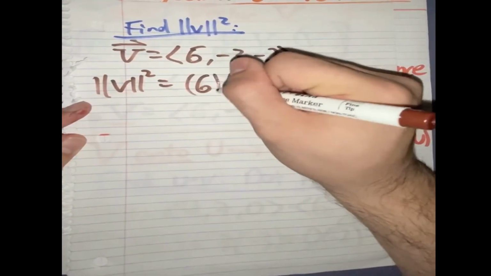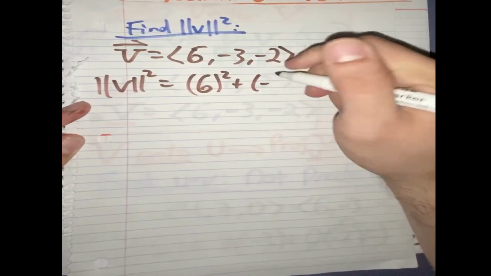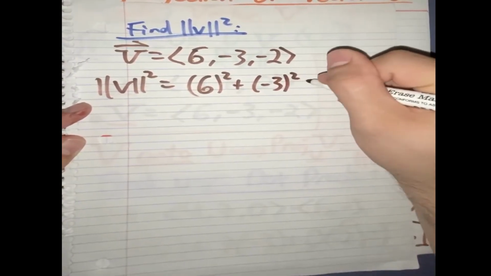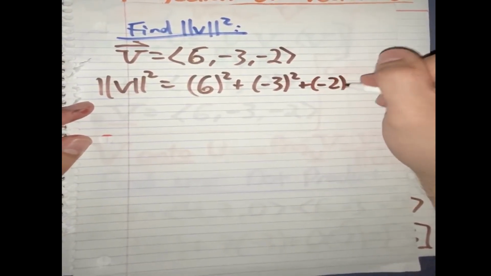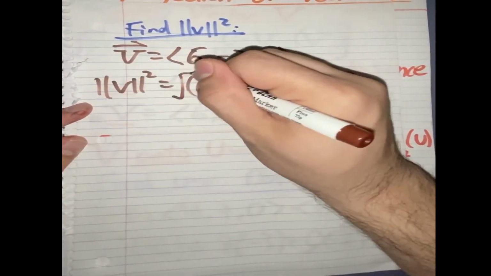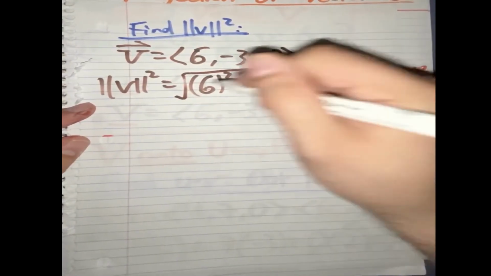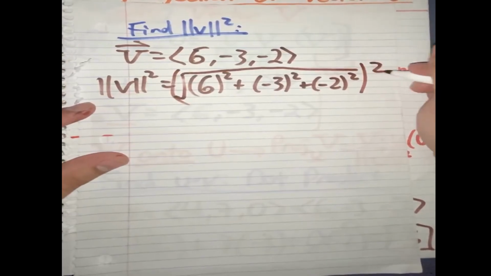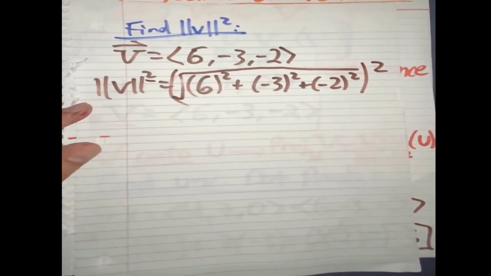So 6 squared plus negative 3 squared plus negative 2 squared inside the square root. And then since we have this square, we're squaring it as well.